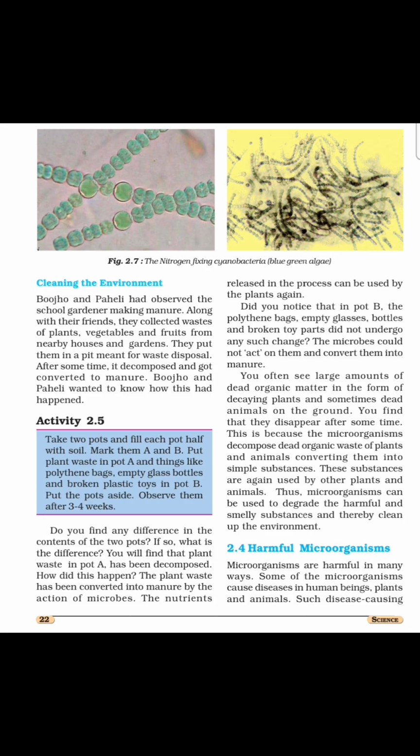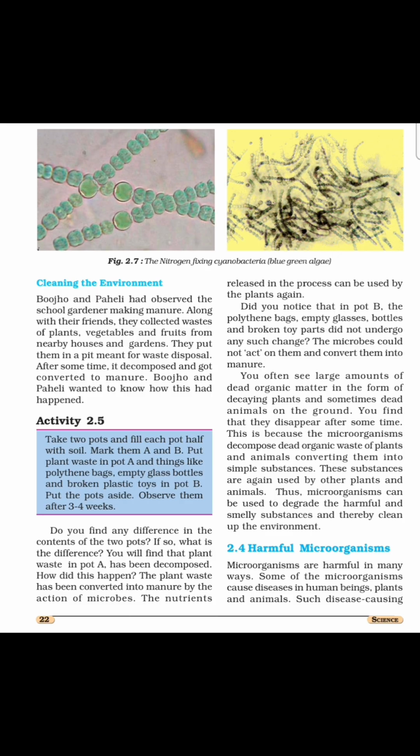You can see bacteria and fungi. These microbes feed on the organic matter, breaking it down into simpler inorganic substances through a process called decomposition.